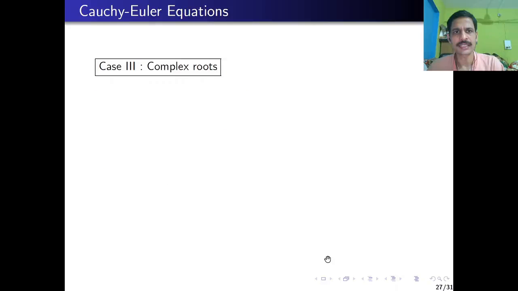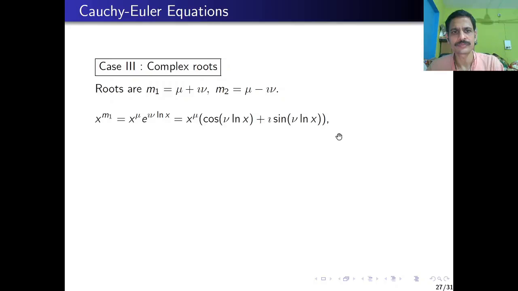Now we consider the third case where the roots of the auxiliary equation are complex. Let the roots be m1 equal to mu plus iota nu and m2 equal to mu minus iota nu. So x raised to m1 will be equal to x raised to mu times e raised to iota nu log x.